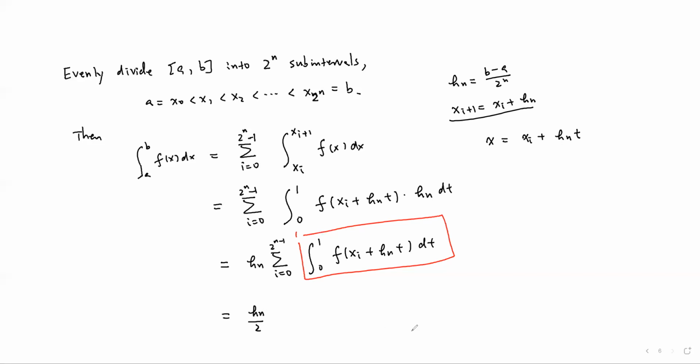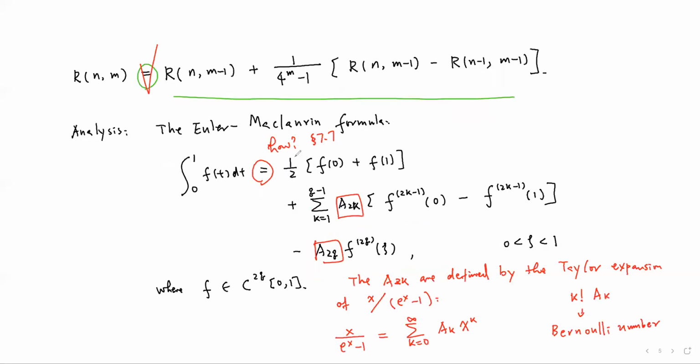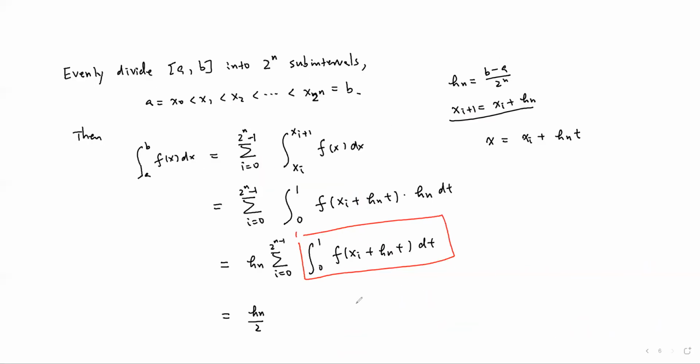h_n over 2. Why over 2? Because there is 1/2 here. Summation i from 0 to 2^n minus 1. No, I shouldn't put the minus 1 to the power. It is here 2^n minus 1, f(x_i) plus f(x_{i+1}).